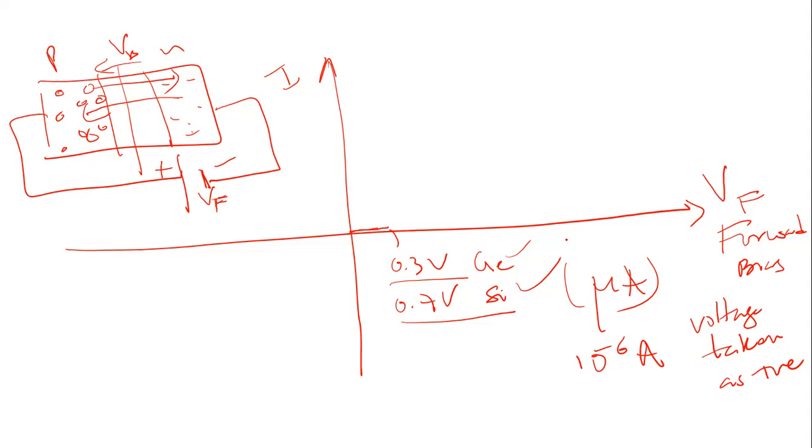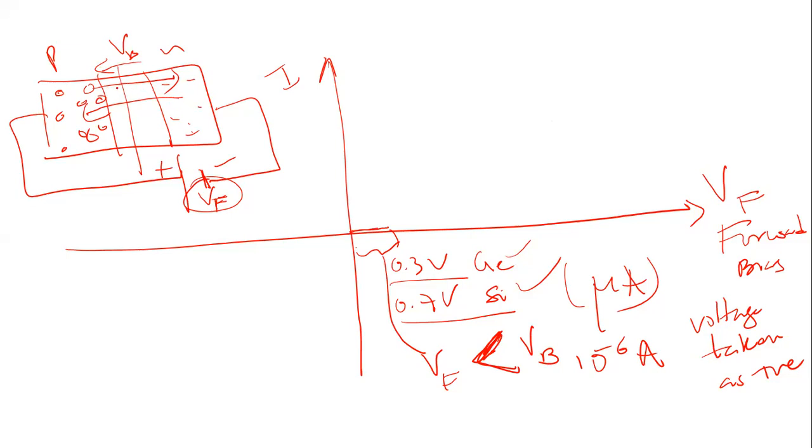The reason is that your forward voltage VF is in this region. Your forward voltage VF is less than your barrier potential. If your forward voltage is less than your barrier potential, then the energy given by this external forward voltage to the electrons is not sufficient to overcome the potential barrier VB here.